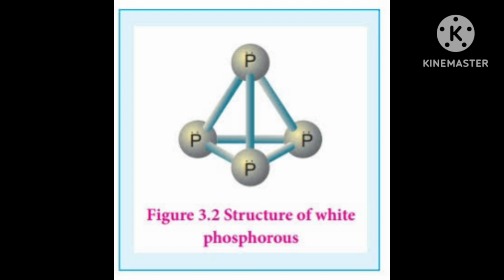In both cases you got PH3. Again, Ca3P2 plus 6HCl gives 3CaCl2 plus 2PH3.